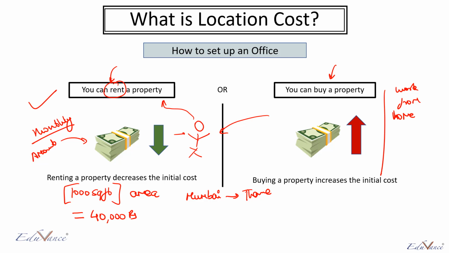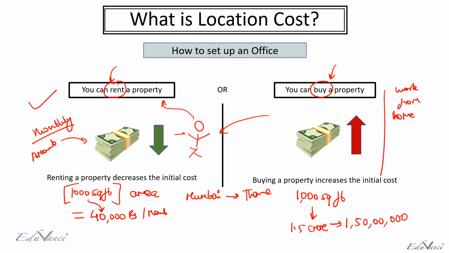So please understand, for 1,000 square feet area, you would pay 40,000 rupees per month. Now, the same place, if you decide to buy the place, this 1,000 square feet area will cost you at least 1.5 crore rupees.